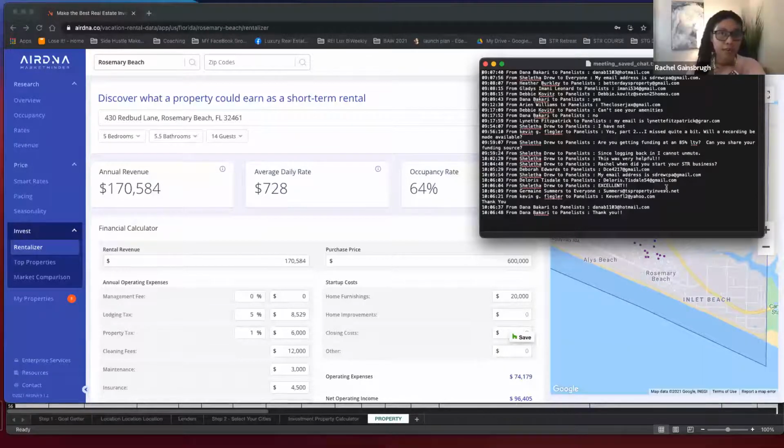Yeah, so you're taking the deposit through the Airbnb portal? Yeah, exactly. So Airbnb holds it typically. Sometimes they hold a portion of it, sometimes they hold all of it. It just depends on the guest and their track record.